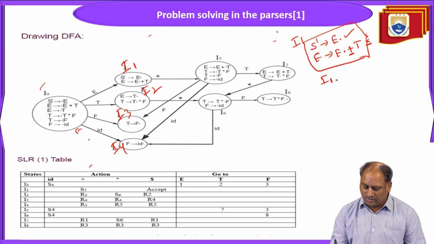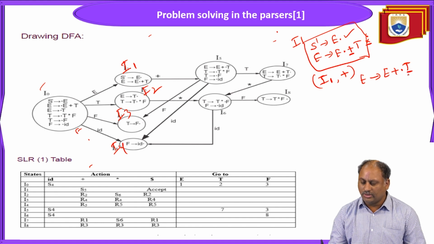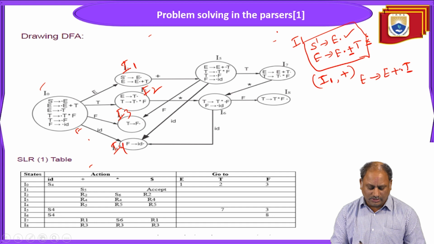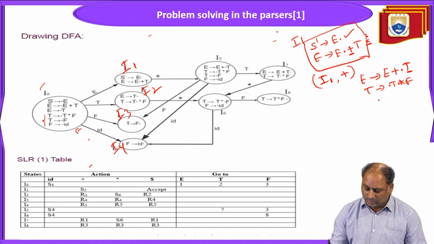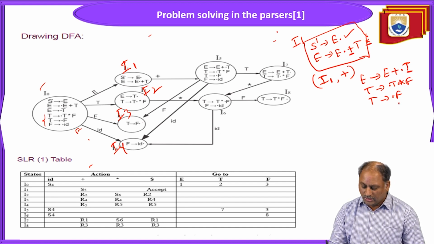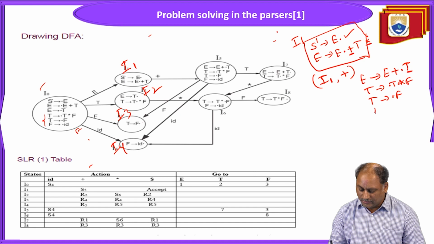So closure of I1 with plus. After performing plus, we get the new state, that is E derives E plus dot T. Now the productions available for T have to be included: T derives dot T star F and T derives dot F. And F also we have to include, so F derives dot ID.